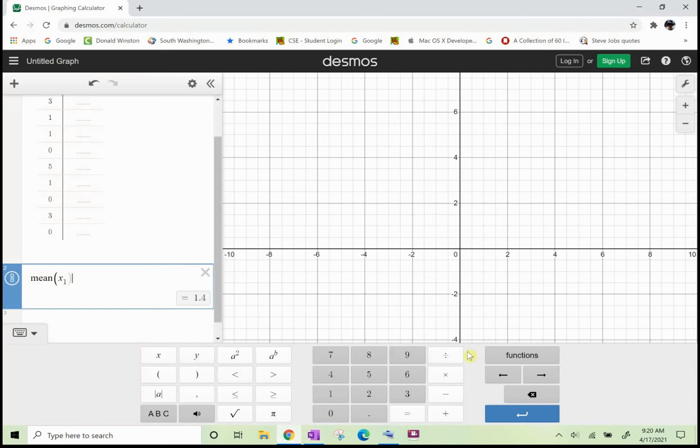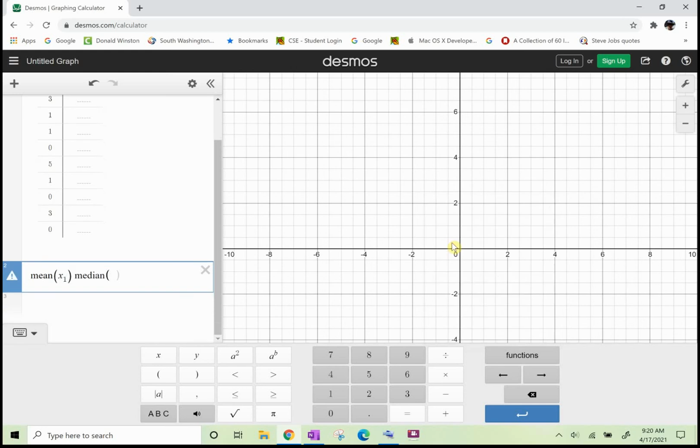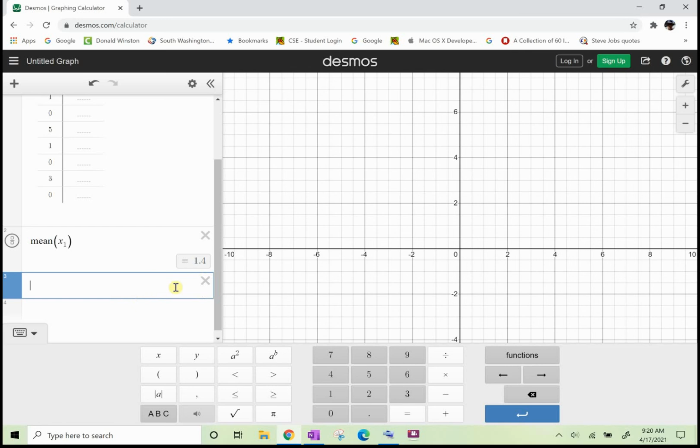And then if I wanted to calculate the median of that data set, let me back up here. Press enter, I want to create another one of those rows there.